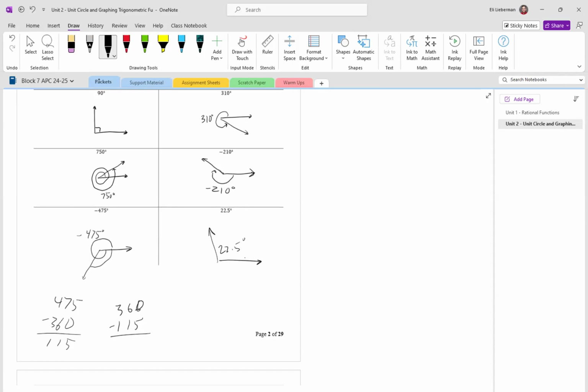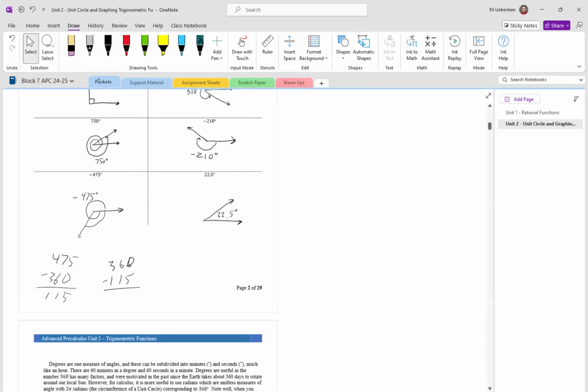I can't mark it wrong, but I'd have to take off a little bit, or at least a comment. I do want a little bit of accuracy, so do the best you can, please. Again, you never need a protractor in this class, and I don't care if it's 10 degrees off. But it should be in the same quadrant.